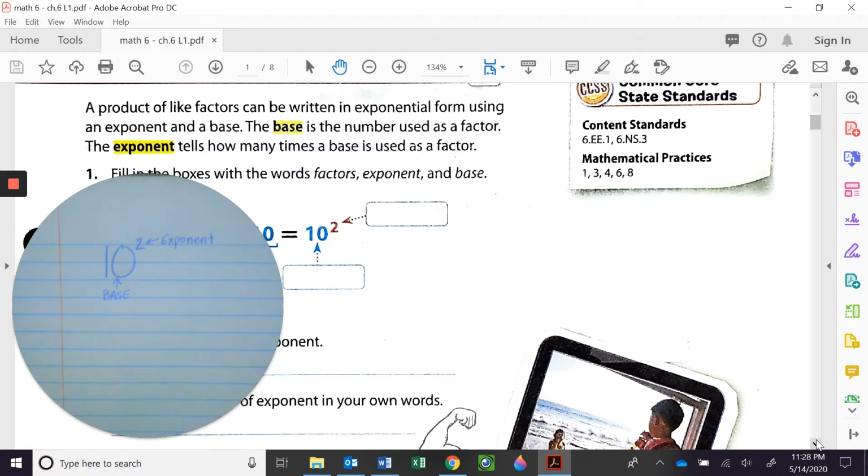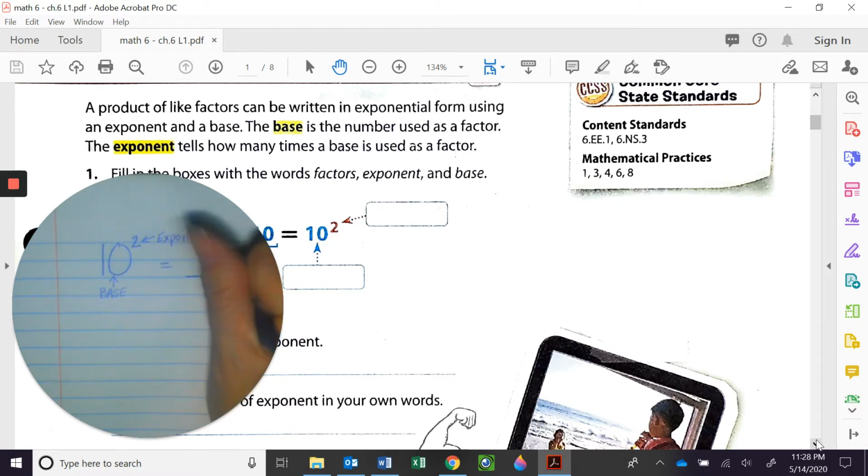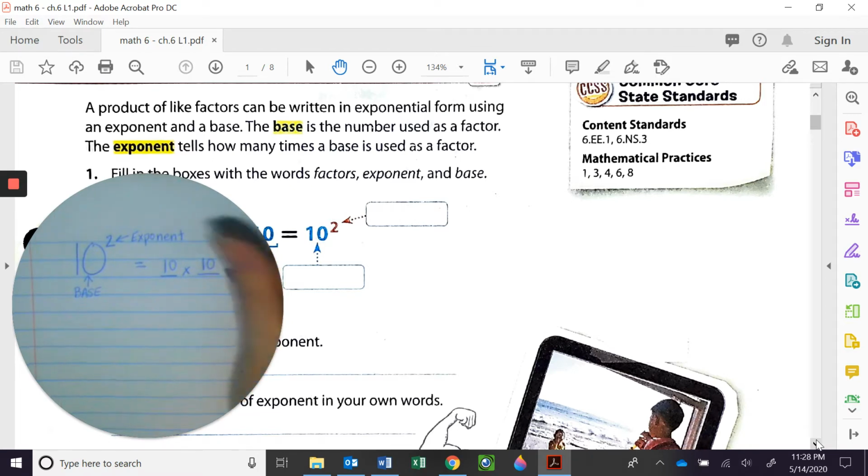The exponent tells us how many times we need to multiply the base. So if I wanted to find out what this answer was, I would say, well, I need 2 10s, and 10 times 10 is 100.